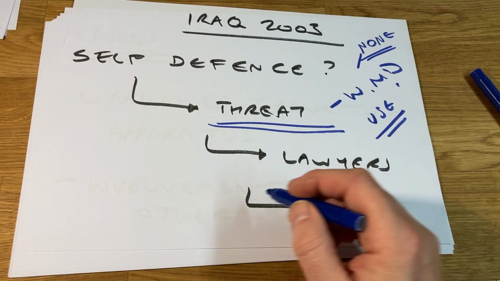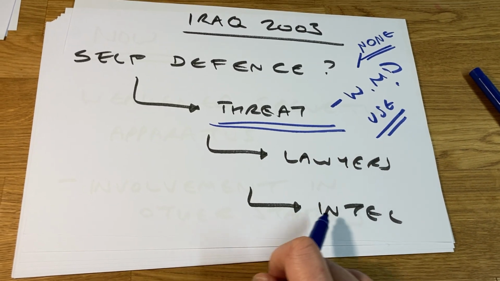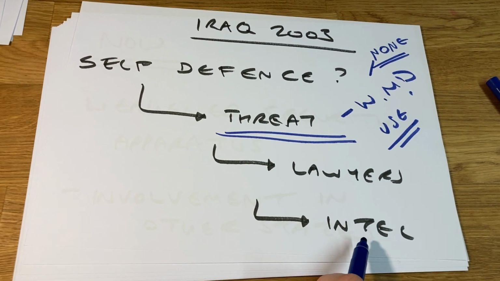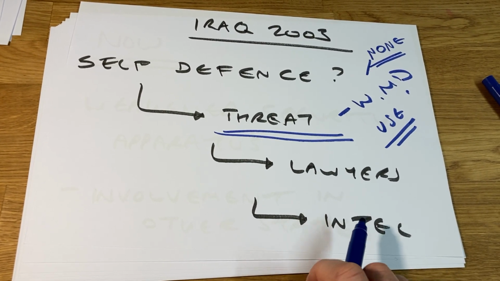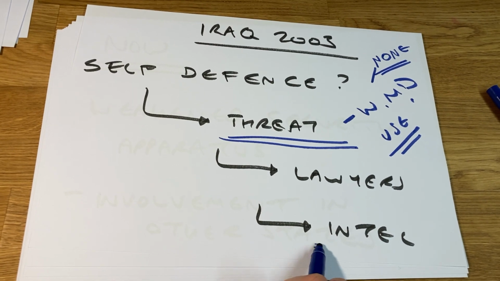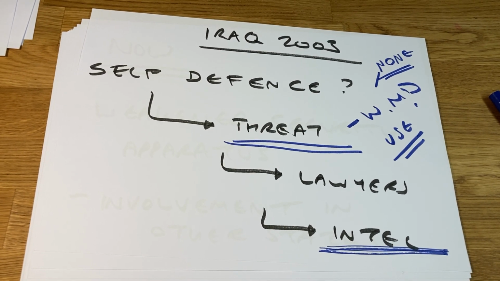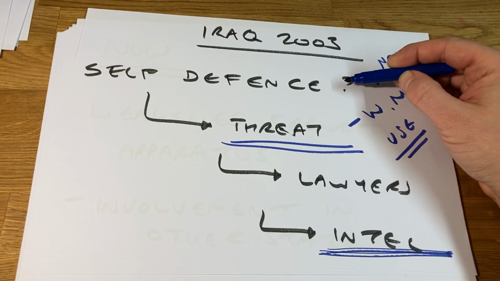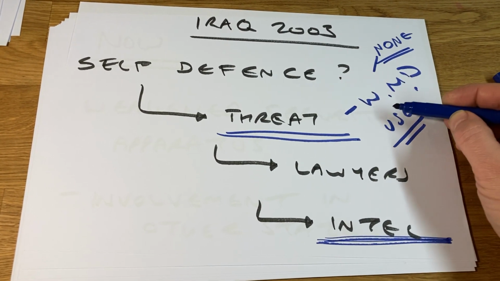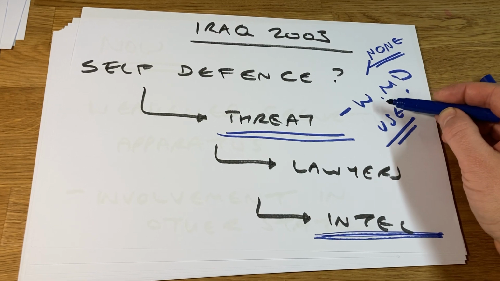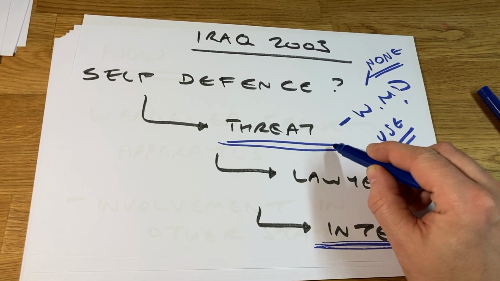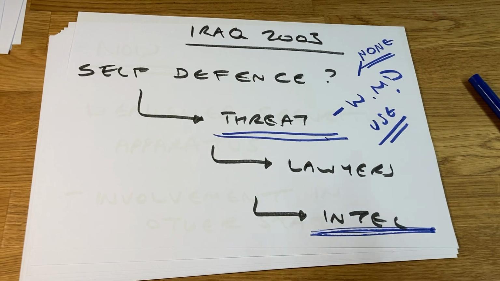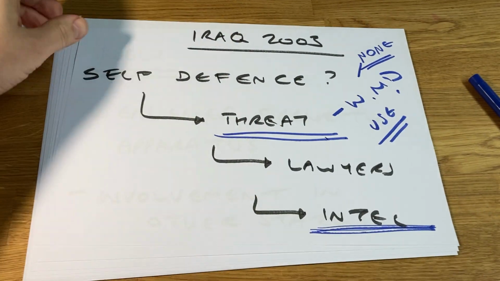Because if, and it won't happen, but if one of the people that made the decision for that war went to court and faced justice for it, they would throw the intelligence that they had. And they would say, my intelligence told me that Saddam was going to use weapons of mass destruction and he presented a threat. Now, the problem here is many of the documents will not be declassified for another 100 years.